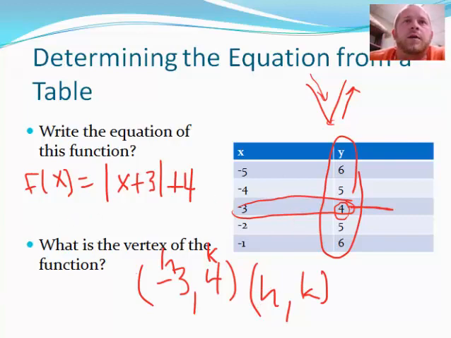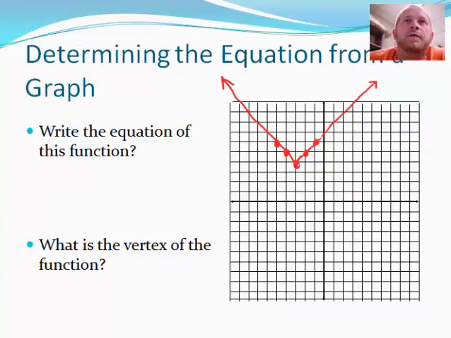Okay, the next thing you need to be able to do is to do it from a graph. So the first thing you want to do is find your vertex. If I'm looking for my vertex, I know I'm looking for my H and my K. So that's my movements that I have away from the origin, which is right here. My origin is 0, 0. So I went 3 to the left. A 3 to the left means I went a -3.